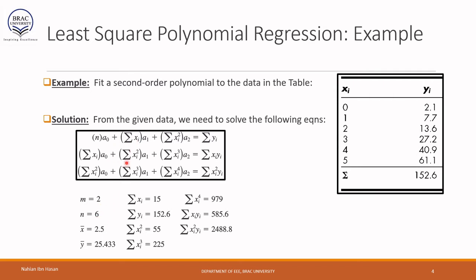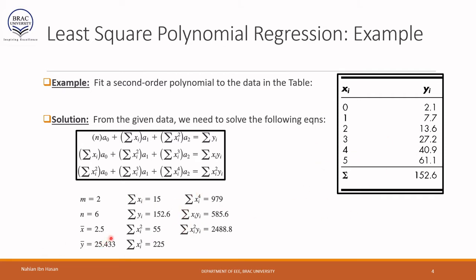Then we determine the summation of xi, that means the sum over all of the x terms, the summation of yi, the sum over all of the yi terms, and the summation of xi to the power 4, that means we take the fourth power of each of the data points and then sum over all of them. So we get the value 979. Similarly, we can get all of these terms from this table.